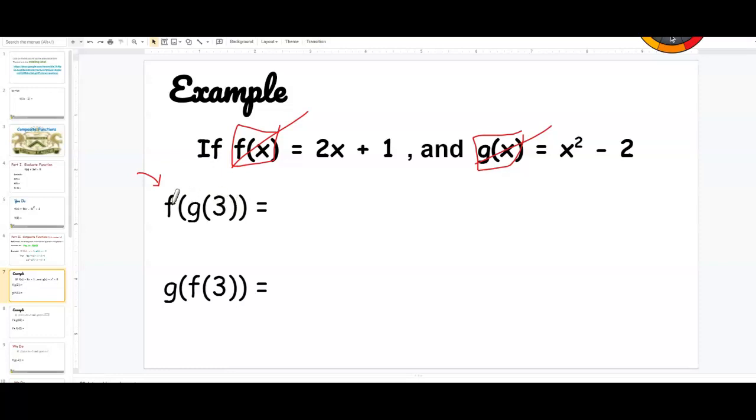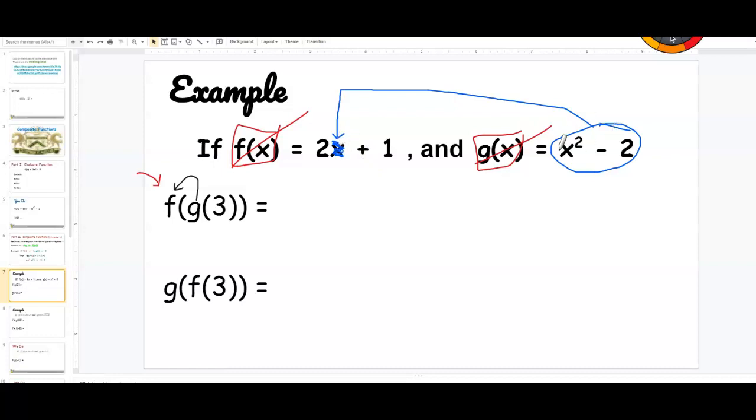So for the latter part, it is putting equation g in equation f, because g is inside of the parentheses, right? So let's do the first step. We're going to put the real content of equation g into equation f in the place of x. Okay. So erase the x.